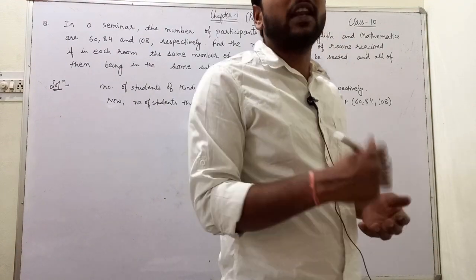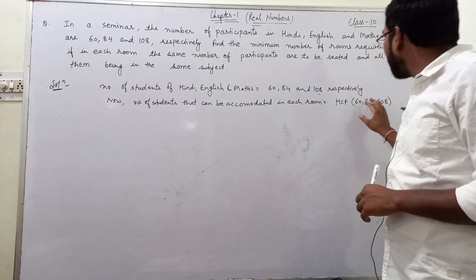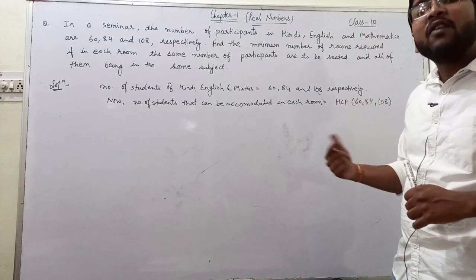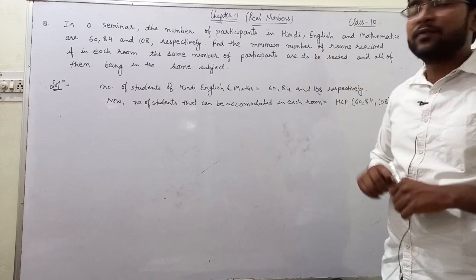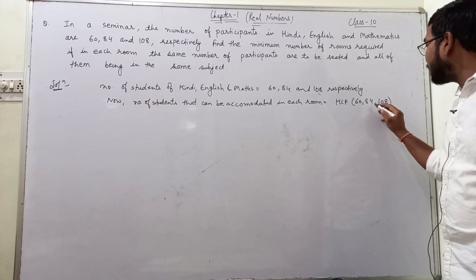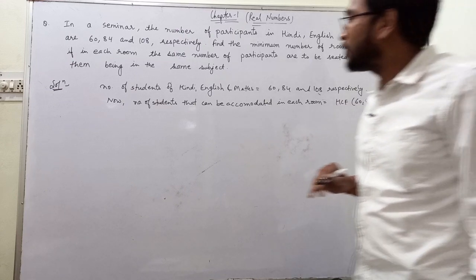Using Euclid's division algorithm. What we do is find the HCF of any two terms first, then we find the HCF of the next term with the HCF of the previous two terms. For example, let us take 84 and 108 first.